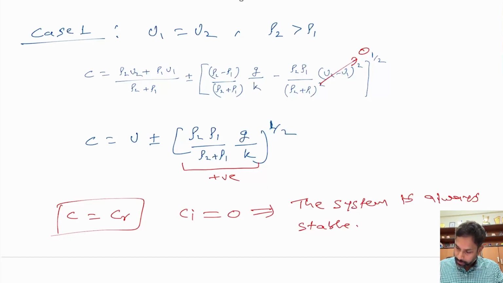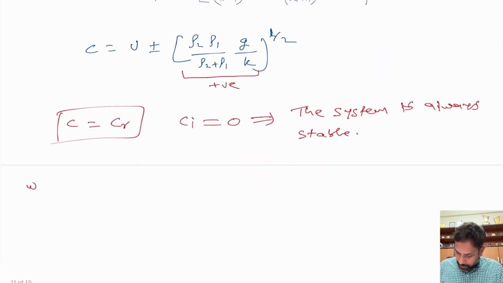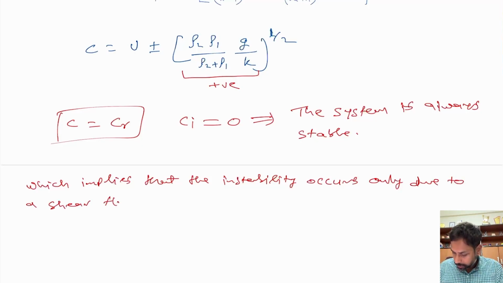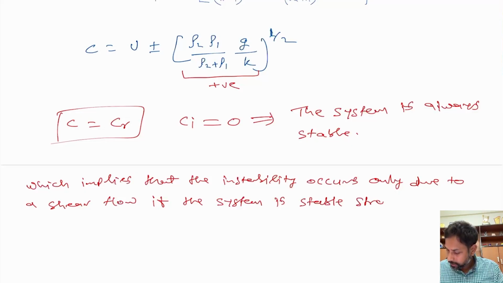Okay, which actually also implies that the instability occurs only due to a shear flow if the system is stable stratified.